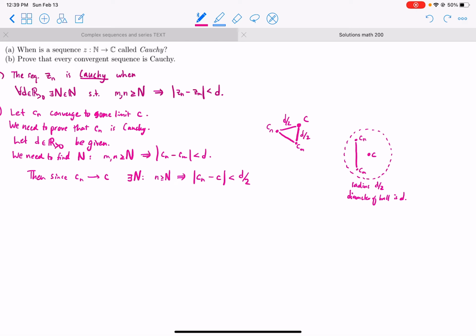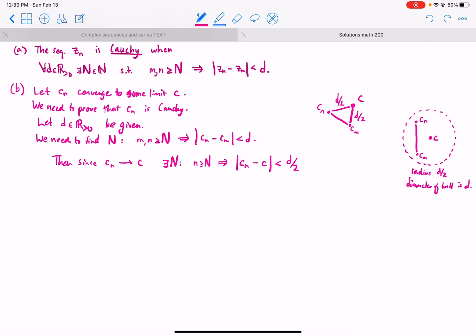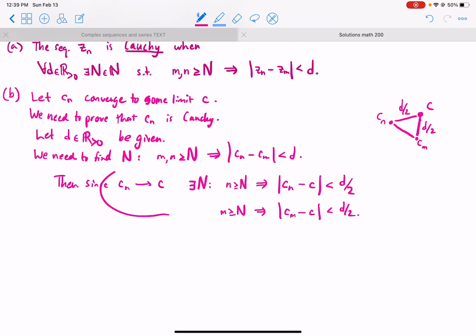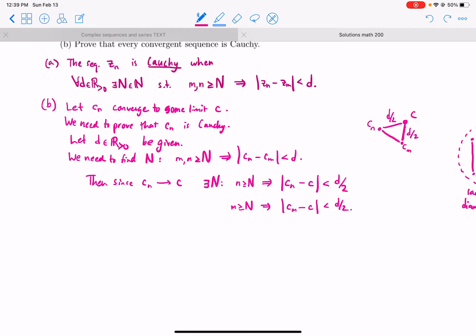Okay. Now, why can I put C sub n and C sub m there? So if m is greater than N, that implies that C sub m minus C is less than d over 2. So basically, because this sequence converges, I can choose the value d over 2, and there must exist an N. Okay?